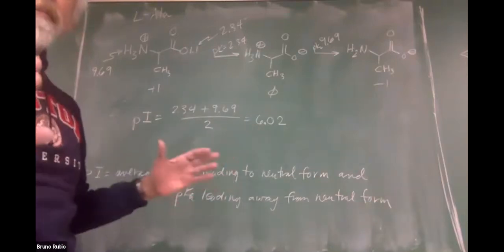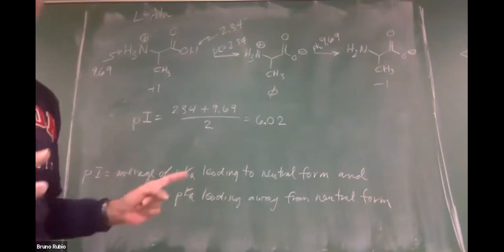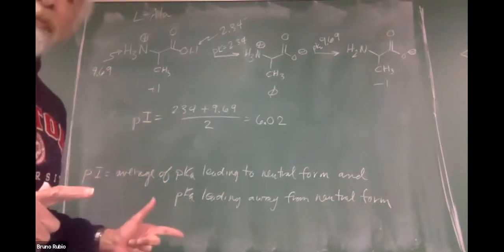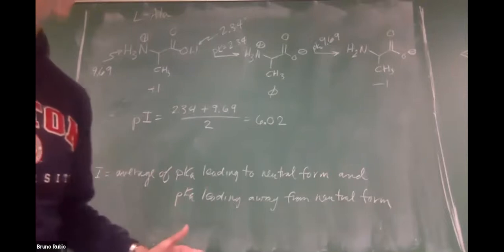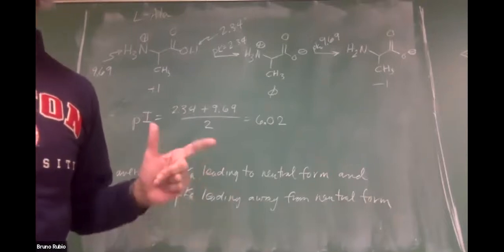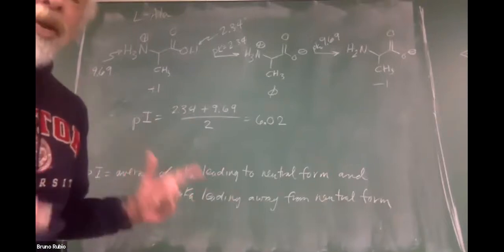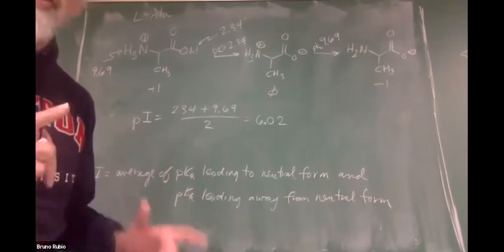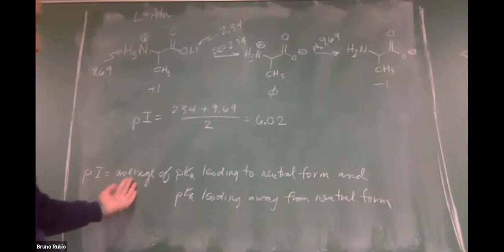Because many amino acids have 2 pKa's, most of them do. And so finding the isoelectric pH is just going to be averaging those two numbers. What if the alpha amino acid has more than 2 pKa's? Then what? It's the very same thing.